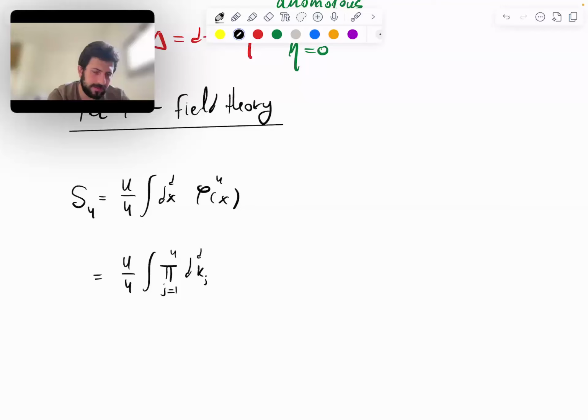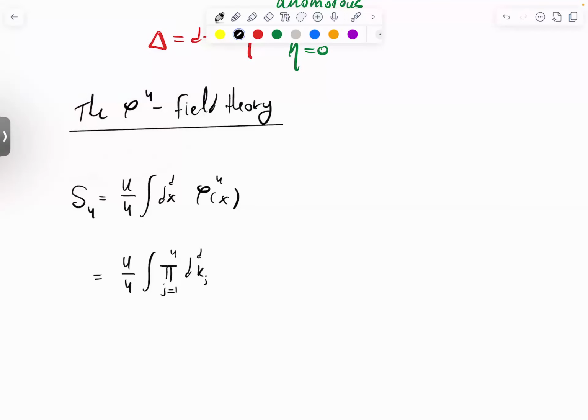Okay, so we have these four guys here. Then we have a delta function of the sum over j of k_j, the conservation of momenta coming from the fact that the interaction is local. Then we have phi k1, phi k2, phi k3, and phi k4.